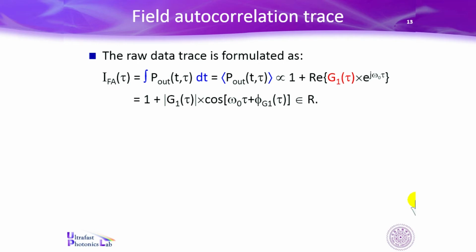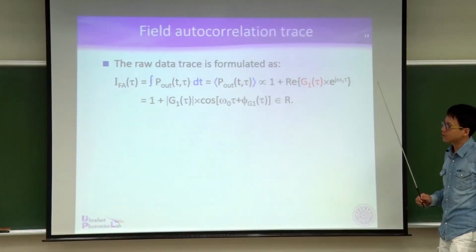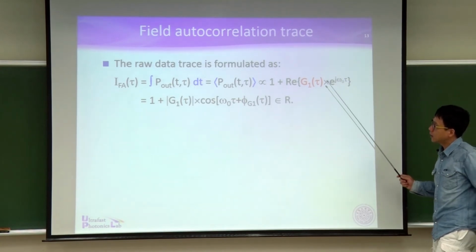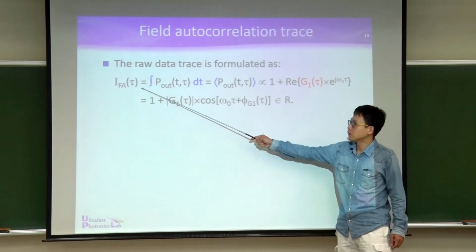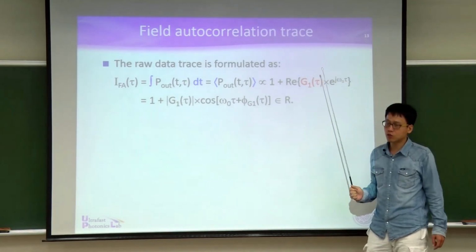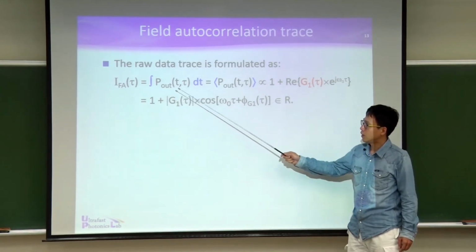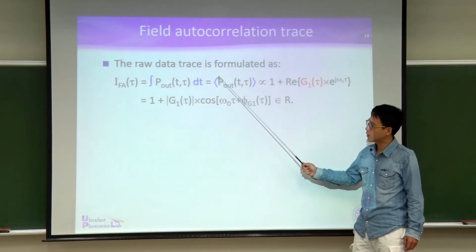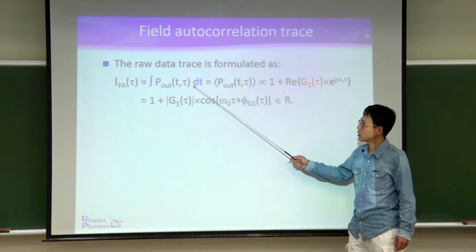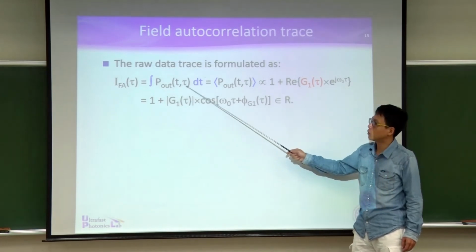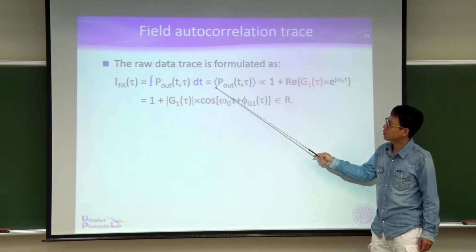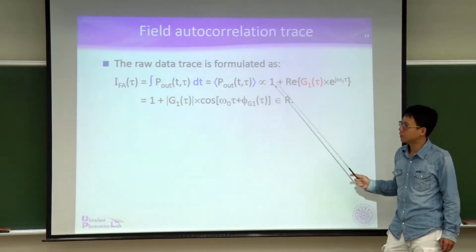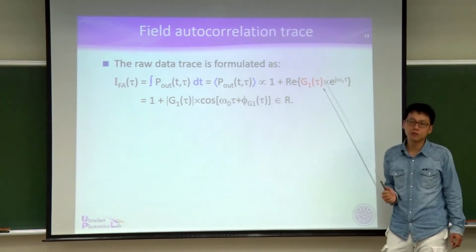Okay. So now, mathematical analysis, field autocorrelation trace. The raw data trace can be formulated in this way. The field autocorrelation trace as a function of delay tau, as indicated in the last page, is the integration of the envelope power, or with another symbol, the bracket symbol. 你看到这个就是时间积分的意思。Okay.